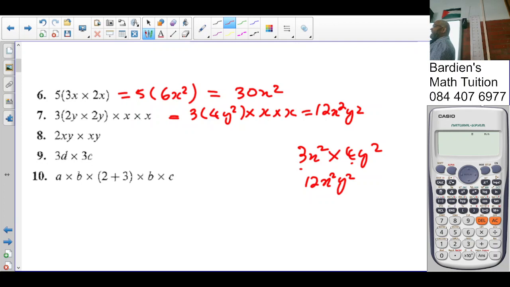So you got 12 y squared and the x is at the back. But remember what do we say? We're going to write it in alphabetical order. So if this was an exam, I would have given it to you. However, the normal way, the right way to write it is now.